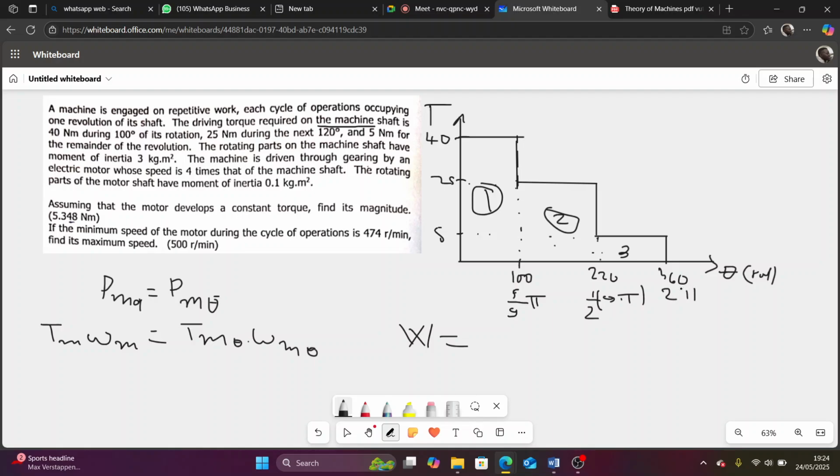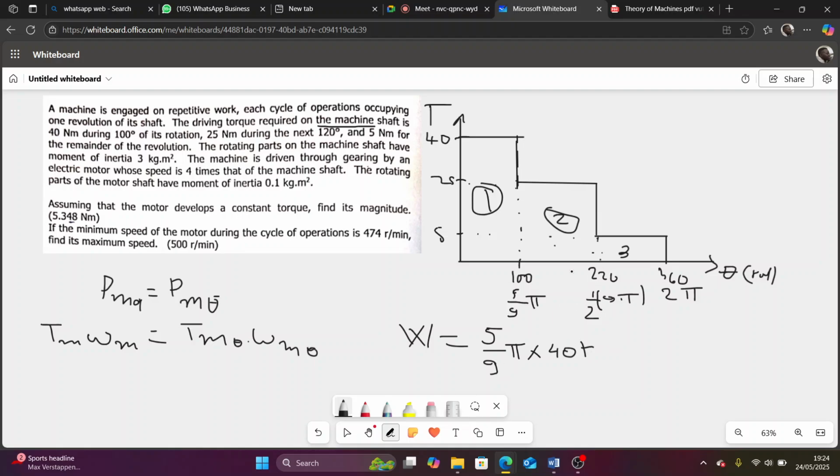Are we together? So for the first rectangle, what is the formula of the rectangle? It is based on height, right? So what do we get? We have 5 over 9 pi. What is the height? 40. For the second rectangle, what do we have?